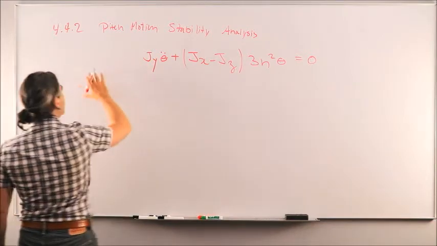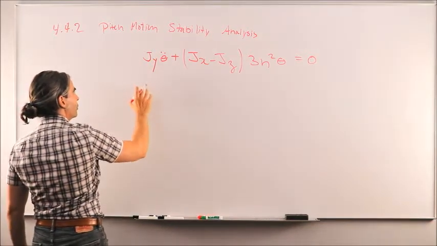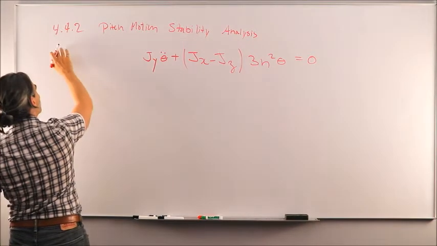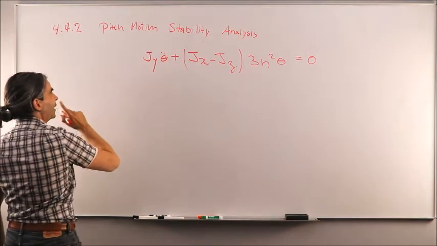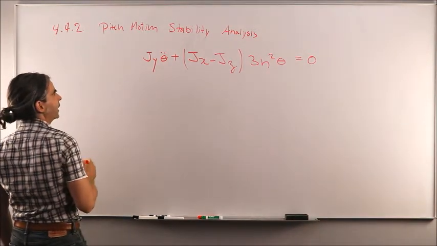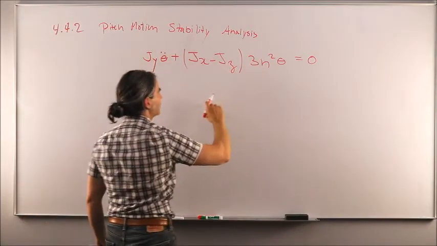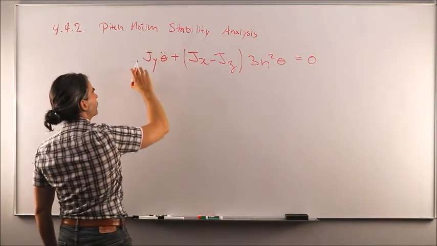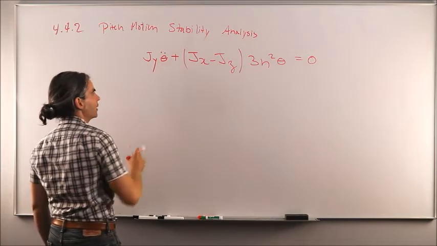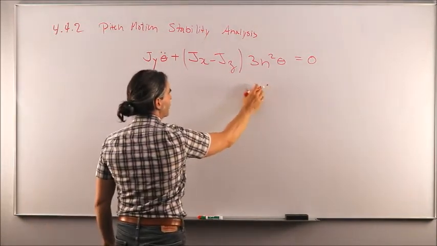Now that we had obtained the equations of motion in terms of roll, pitch, yaw dynamics in 4.4.1, the next step is to look at the stability. Because the pitch equation of motion is decoupled from the roll and the yaw equations, we're going to first look at the stability of the pitch motion.